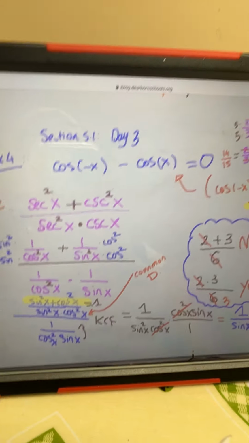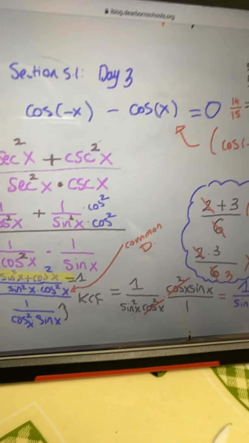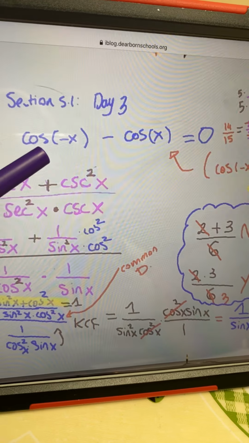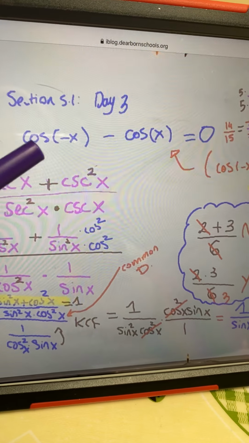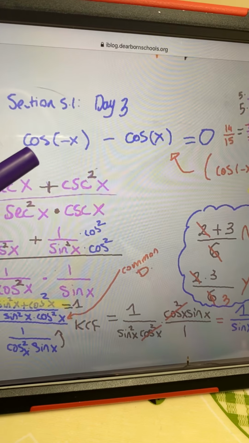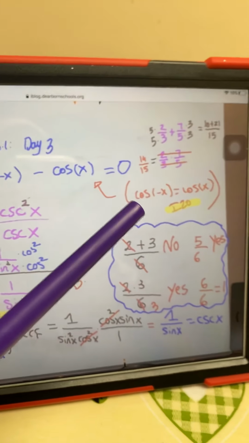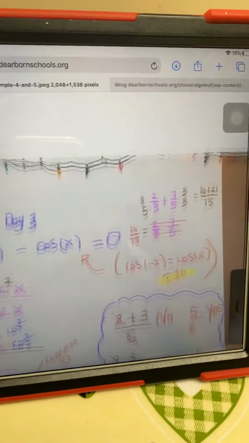So cosine of negative x minus cosine x equals 0. Prove that. Why is that true? If we look at cosine of negative x, if you guys remember, we said memorize 2 are even, everything else is odd. Cosine and secant are even. So cosine of negative x is the same as cosine x. And you can see, guys, how I put identity 20.